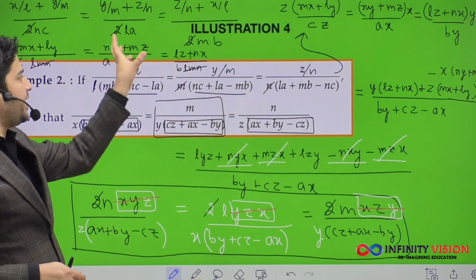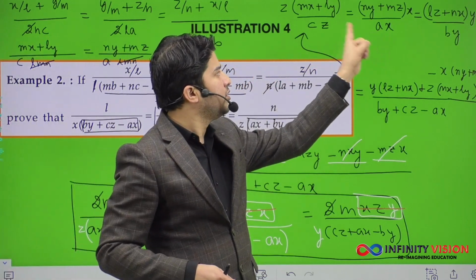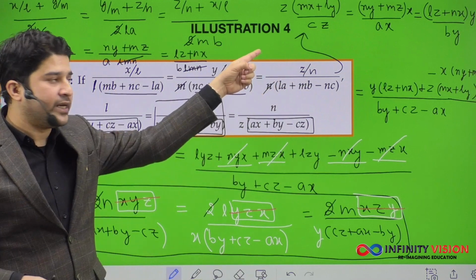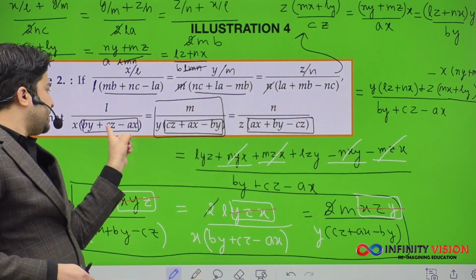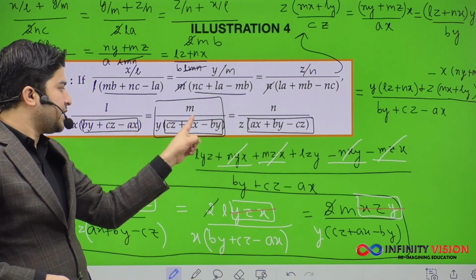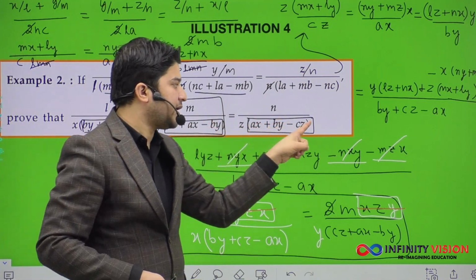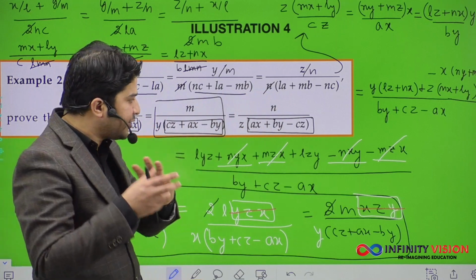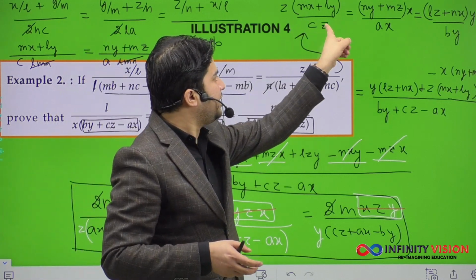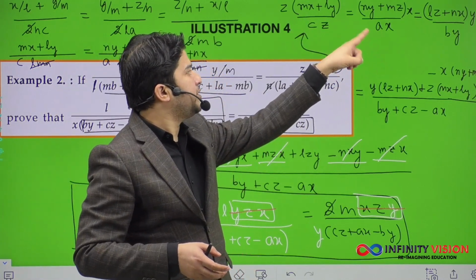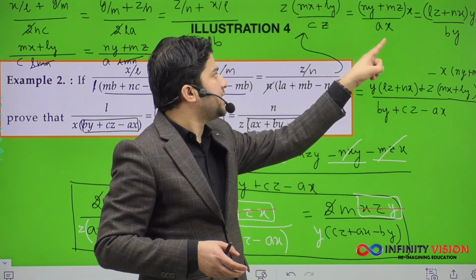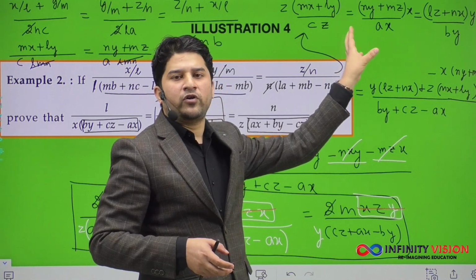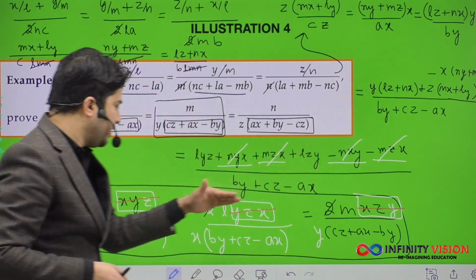Once we simplified the complete ratio into this, we knew that we have to bring these ratios in the form of by plus cz minus ax, cz plus ax minus by, and ax plus by minus cz. So we followed that clue and we tried to create ax plus by minus cz, ax minus by plus cz, and minus ax plus by plus cz, and we followed the same pattern for the numerator.